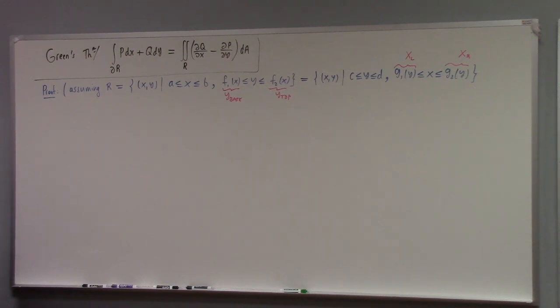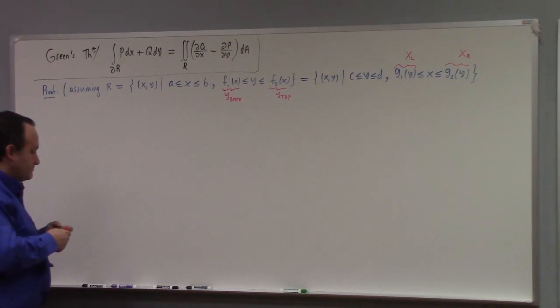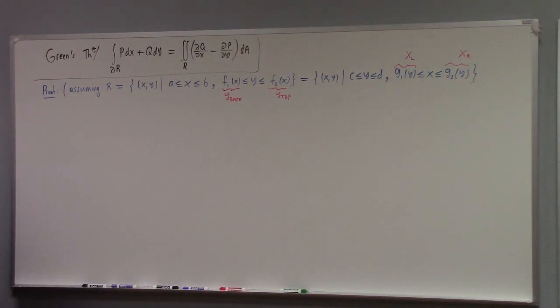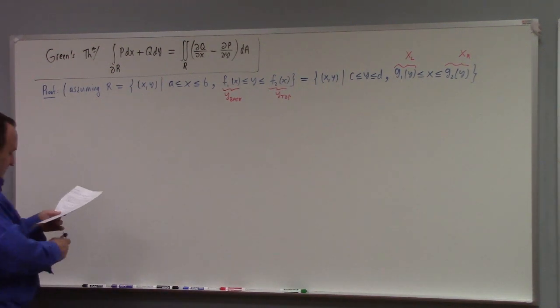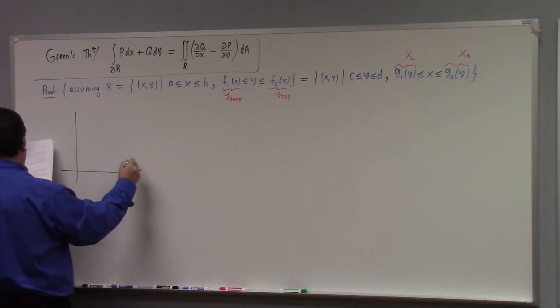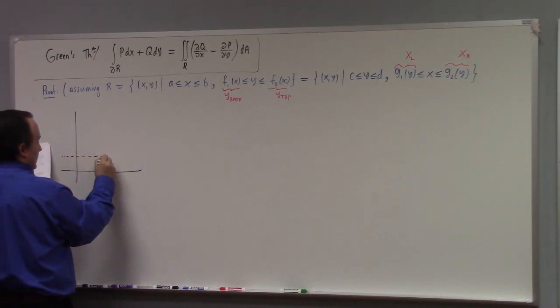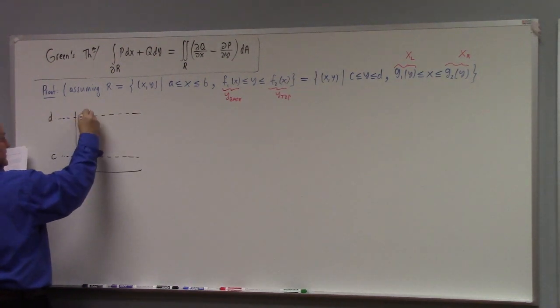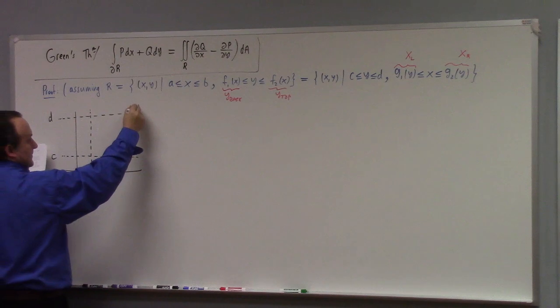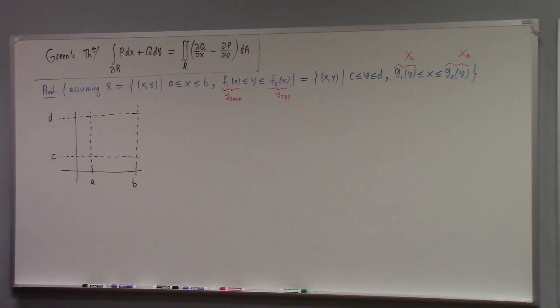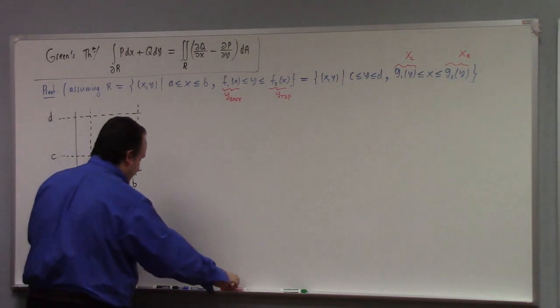All right, so let me see if I can draw a picture of this thing. Excuse me. So you've got c, d, a, b, and it looks kind of like a lemon or something, I don't know.